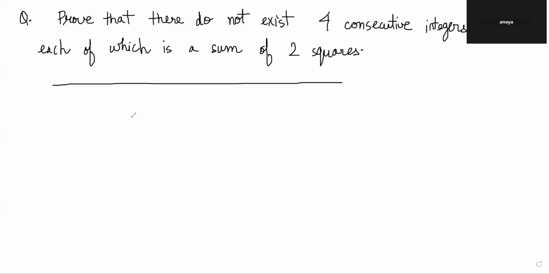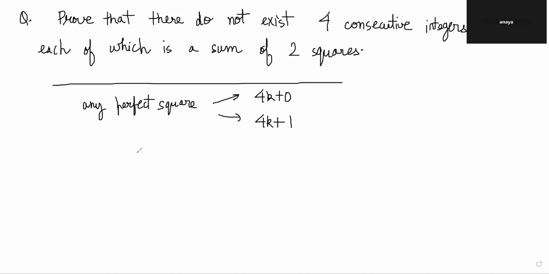Are you getting something? So like we know that any perfect square is going to be written in the form of 4k plus 1 or 4k plus 0. So if you add, it says each integer is the sum of two squares.